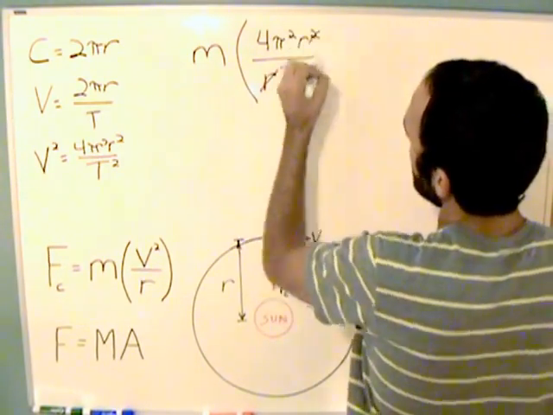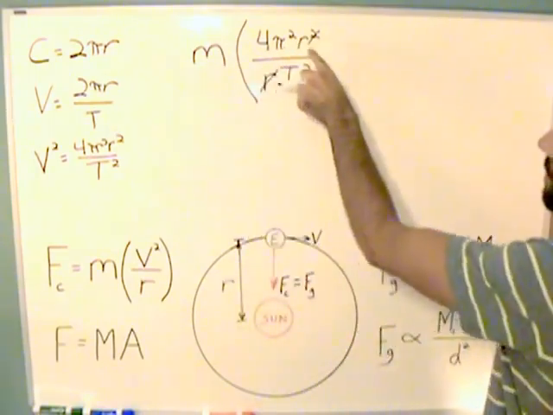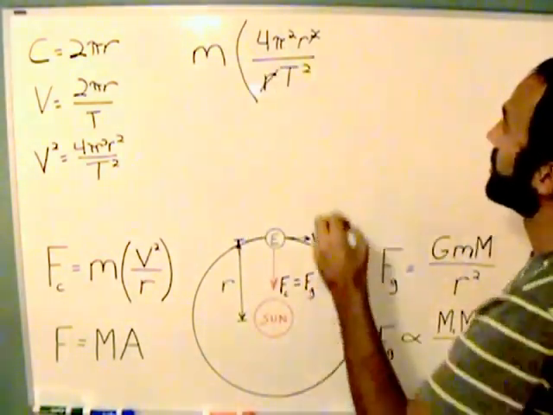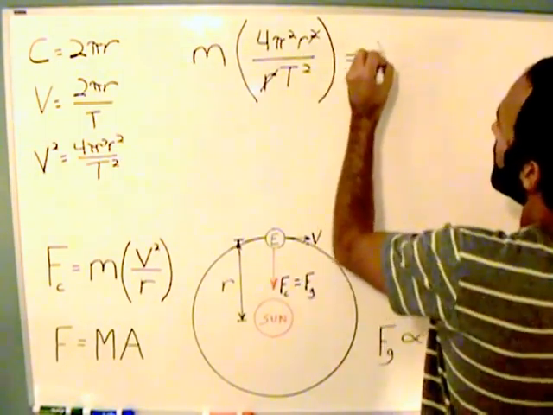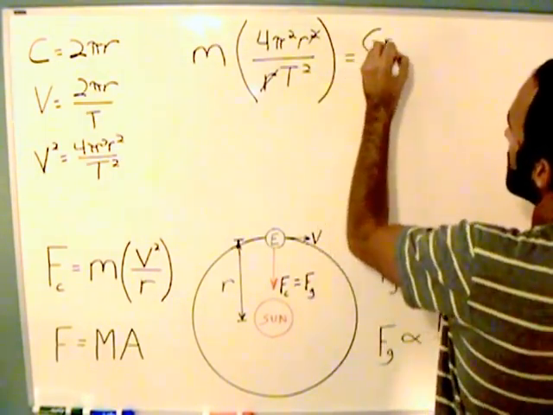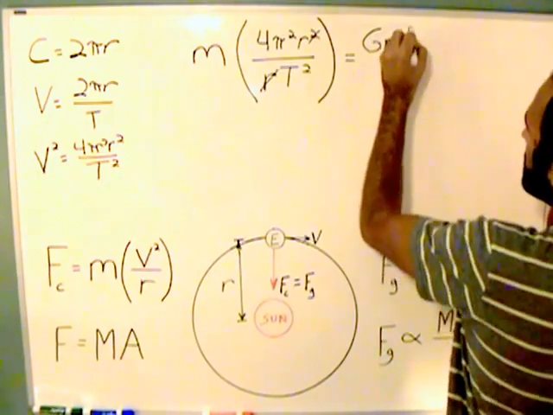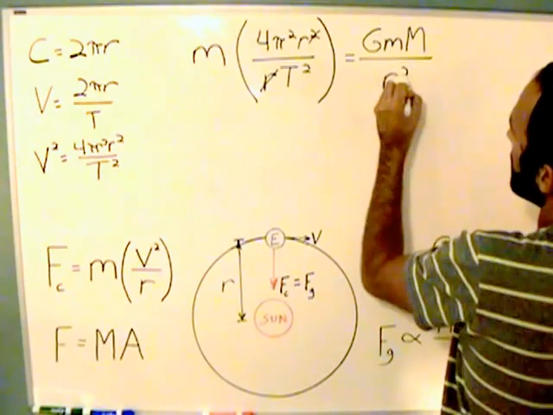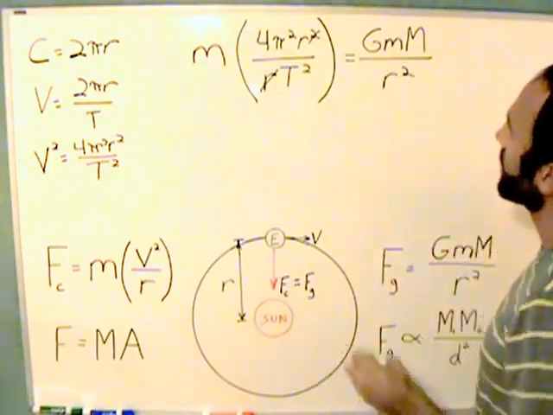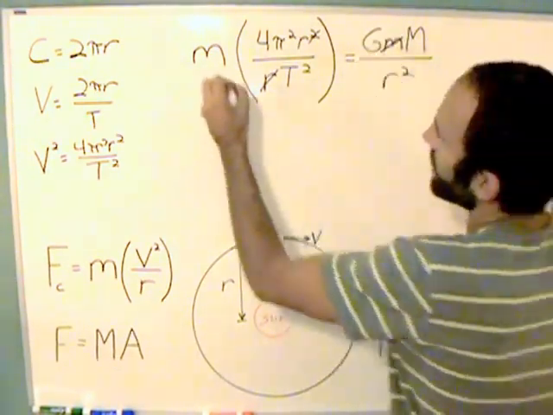This r cancels and that r cancels, so you get 4 pi squared r over the period squared, or big T squared. Okay, and then set that equal to big G times little m times big M, mass of the sun, divided by r squared. Okay, now mass cancels again.